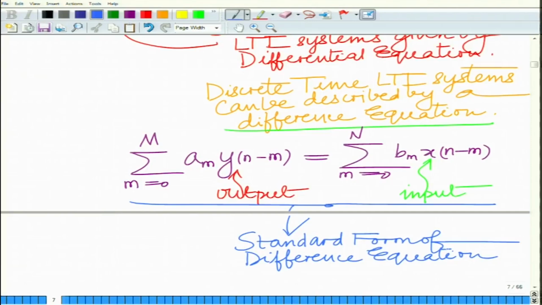This is the standard form of a difference equation, that is summation a m y n minus m equals summation b m x n minus m, where a m and b m are basically the coefficients of the difference equation. And this general form of a difference equation can be used to describe discrete time LTI systems, linear time invariant systems.